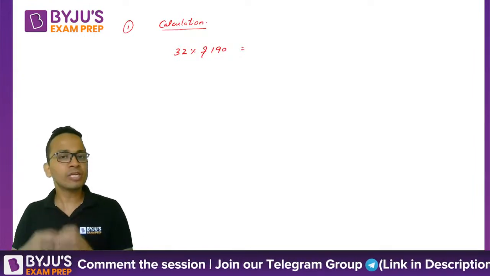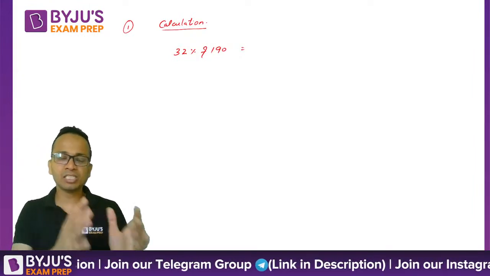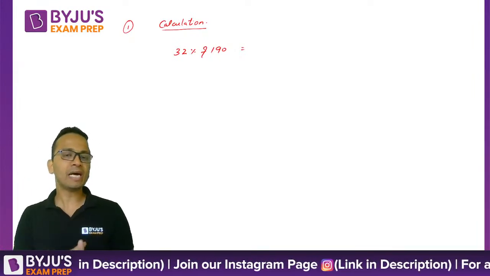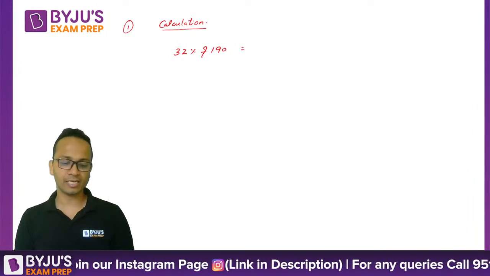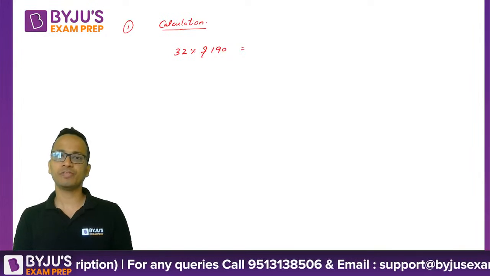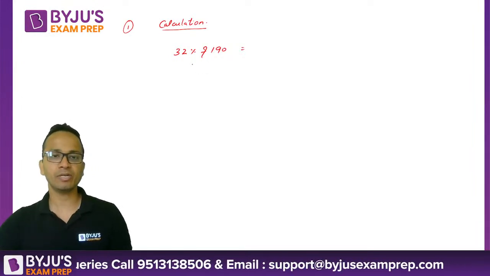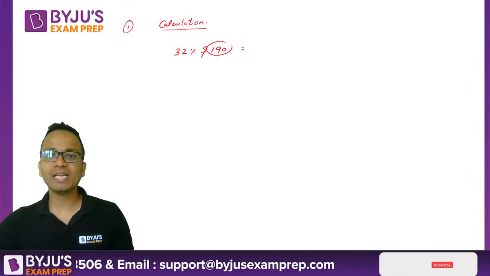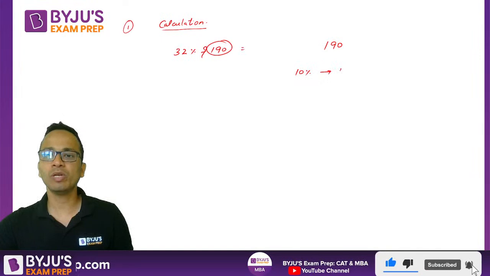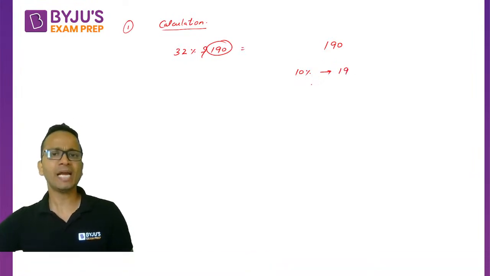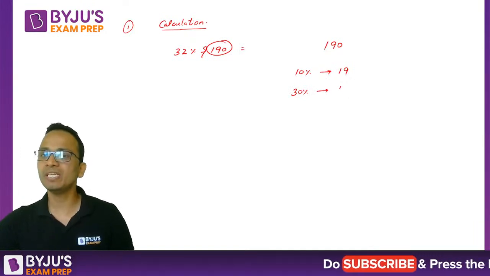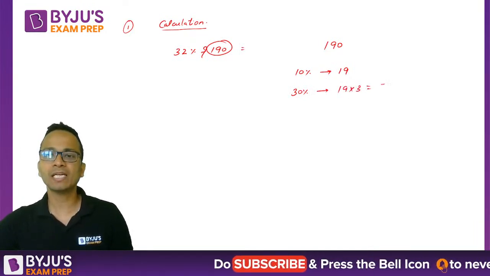You can calculate the approximate answer and then, just by looking at the options, estimate the correct answer. So if I have to calculate 32% of 190, first of all let's say I go for 30% of this number. To calculate 30%, 190 is the base. 10% of 190 will be 19, so 30% should be 19 multiplied by 3, that is 57.